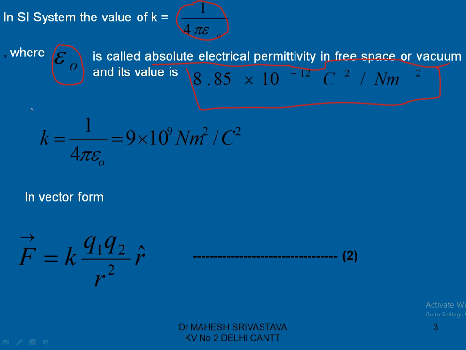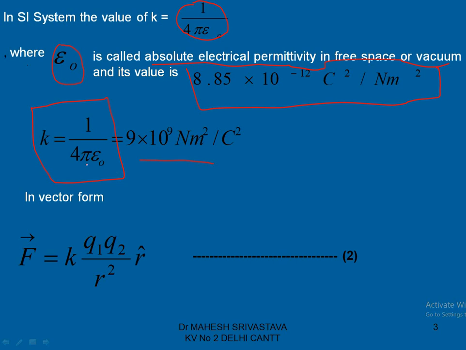Now when you substitute this value of k, that is k equal to 1 upon 4 pi epsilon naught, for the numerical purpose you calculate this value so that directly we can put this value while solving the numerical.